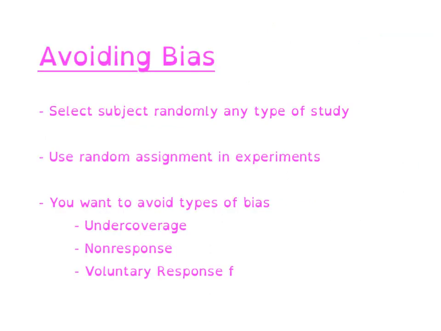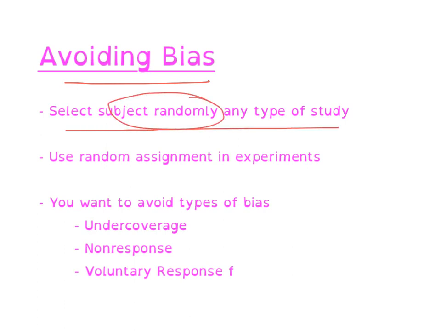The last thing I want to talk about in this video is how to avoid bias. You want to make sure that your studies are avoiding bias in any way, shape, or form. Bias can make your study not be valid, and it could also make the results not as representative to the population. So the first thing you want to do to make sure you avoid bias is select your subjects randomly. You want to make sure that you're not selecting one group over the other.